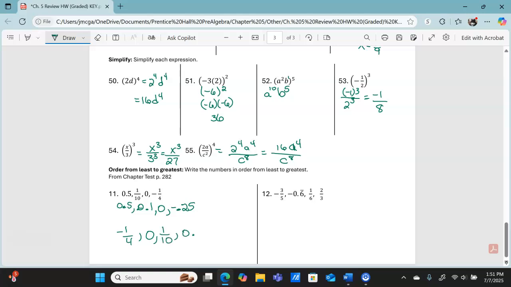And then the 0.5. On these, negative 3/5 is negative 0.6. This is negative 0.6 repeating, which means it keeps going. They're sixes. 1/6.